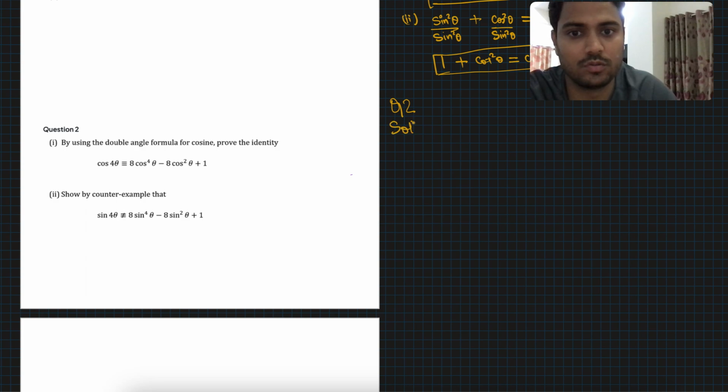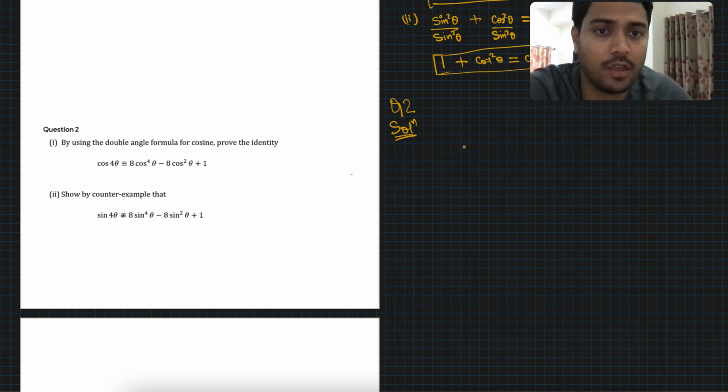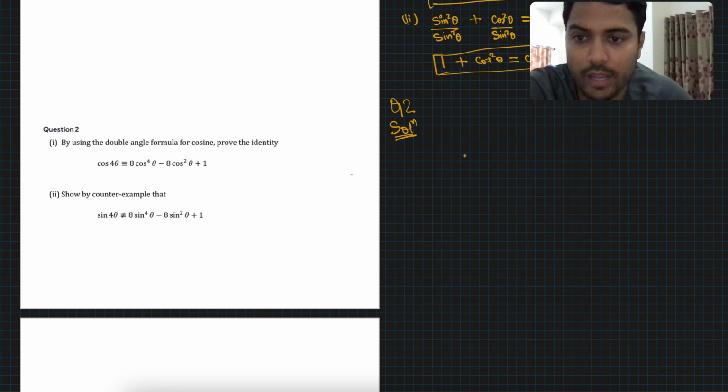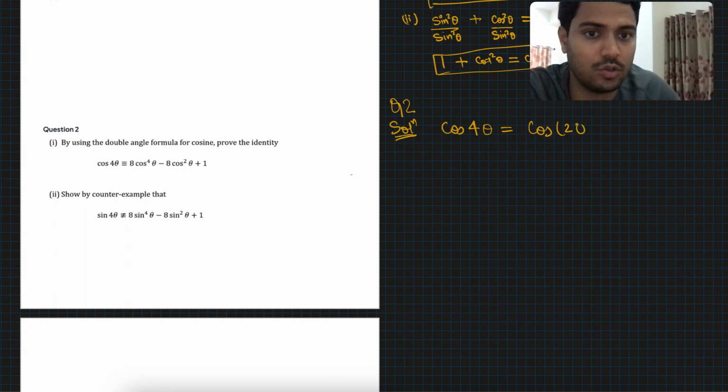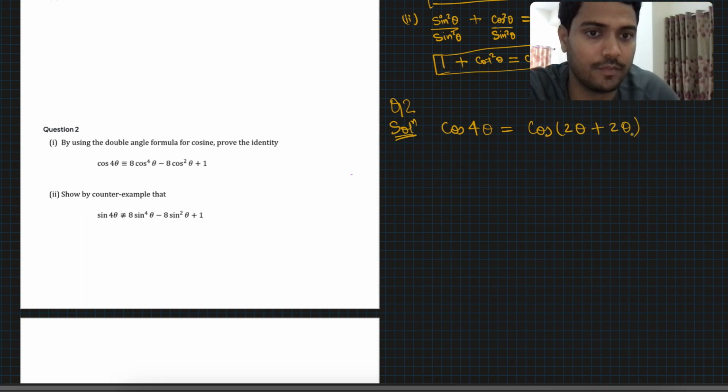Question number 2. It says by using the double angle formula for cosine, prove the identity cos 4 theta is equal to 8 cos 4 theta minus 8 cos square theta plus 1. So this is what we have to prove using the double angle formula. So first of all, cos 4 theta can be written as cos of 2 theta plus 2 theta.